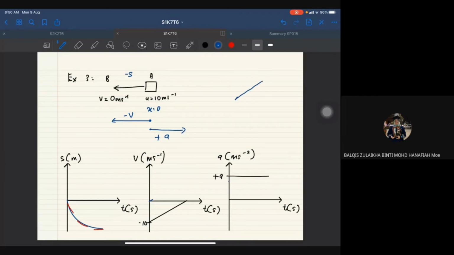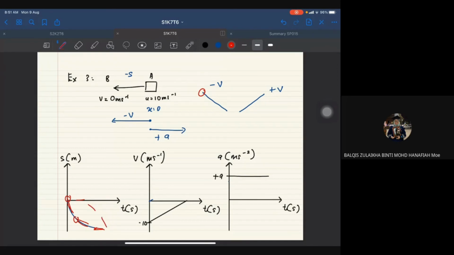Kalau graf kamu macam ni, ini adalah positif V. Kalau graf kamu ke kiri like this, it's a negative V. Gradient dia tu is this one lah. Kalau yang ni, direction dia tu sebenarnya kepala dia ni, this one, to the left. So it's negative. Sama macam tadi sebenarnya. Cuma tadi tu, kita lukis dia macam ni, macam ni, macam ni.